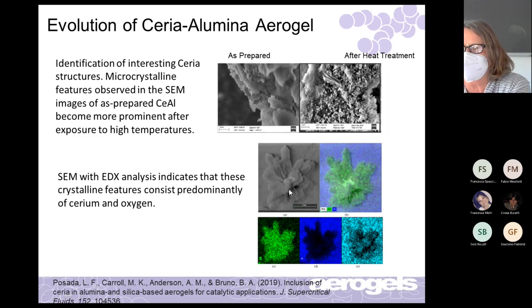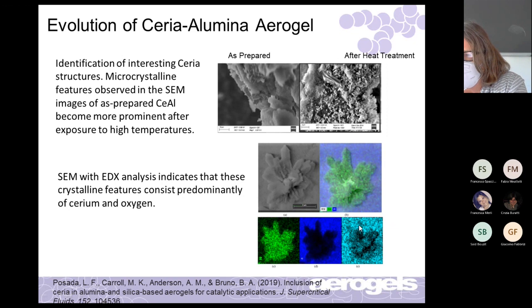So SEM and EDX allow us to see what kind of structures are forming. And there's this very crystalline feature. And so we see it in this backscatter, or like an SEM image. And then we use EDX to identify what it is.